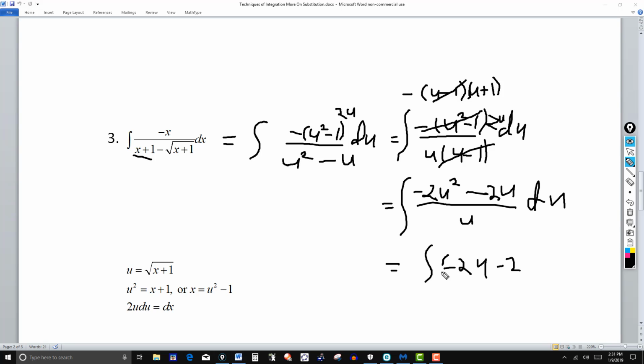Now we just have a basic first degree polynomial in u. So adding 1 to the exponent and dividing, I get minus u squared minus 2u plus a constant.